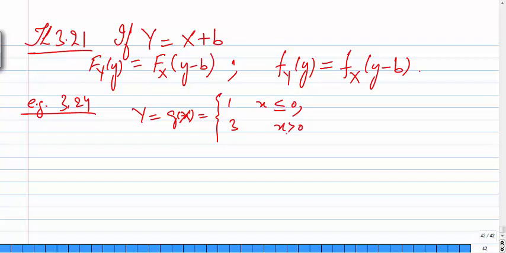So this is the phenomenon. Now we have to find CDF of Y and also PDF of Y.